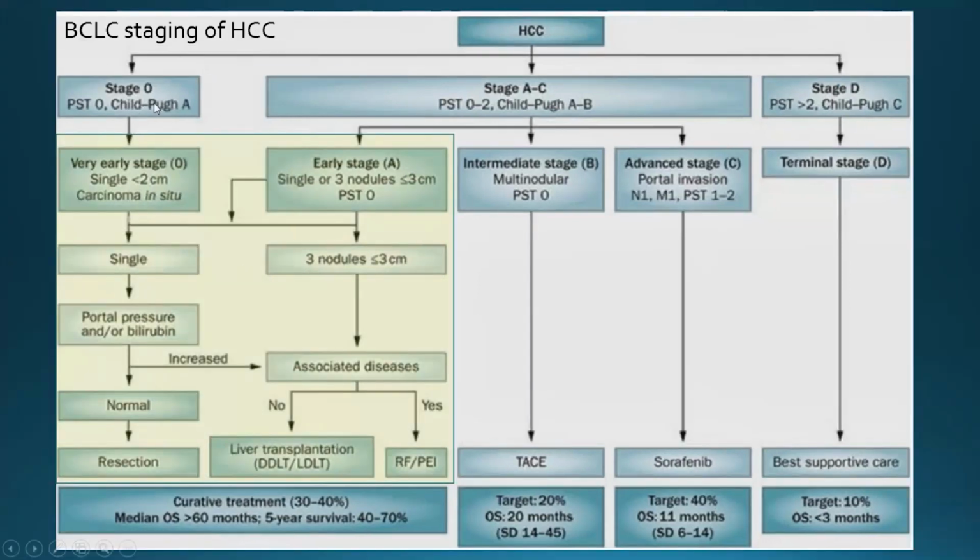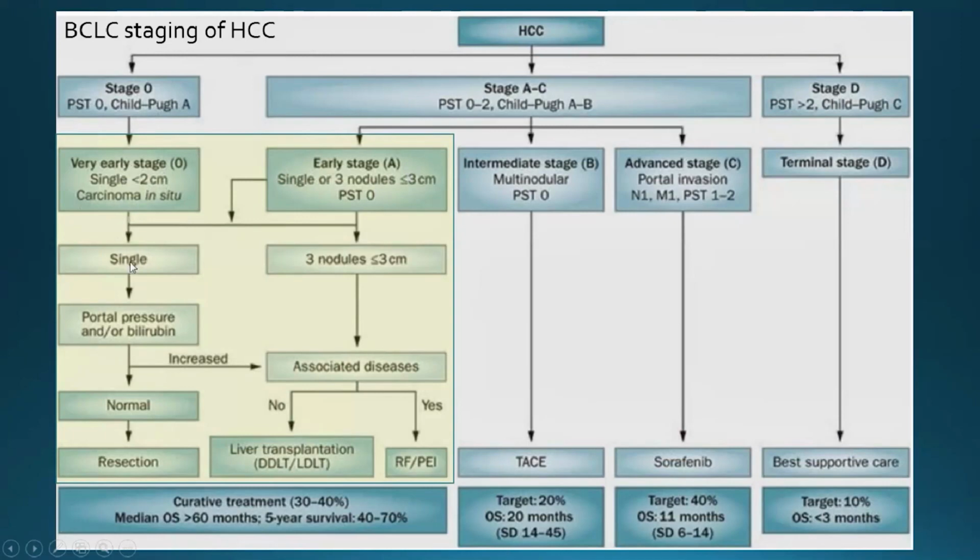So if a patient is Child-Pugh score A, good functional status, very early stage, and a single tumor less than 2 centimeter, or early stage tumors, 3 nodules less than 3 centimeter each.